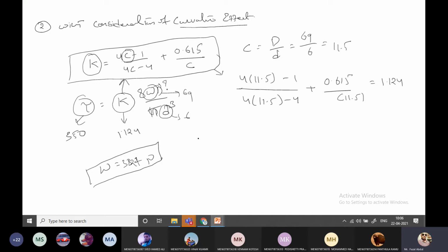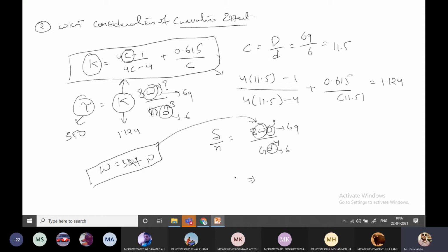382.7. Now the second question is deflection per ton. We have to take the same equation. What is the equation? Deflection per ton is 8 W D cube by G d power 4. So here we take this W value. D value we got as 69 and small d is 6.